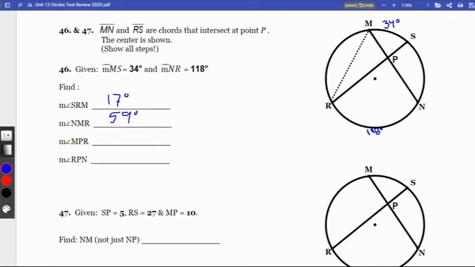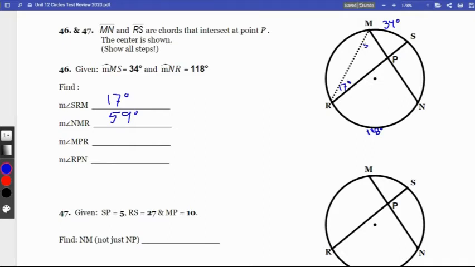MPR, well, I am going to have to do a little bit of work to figure that one out. I'm going to have to use the fact that inscribed angles, oh, wait a minute. I found this angle was 17 and NMR was 59.